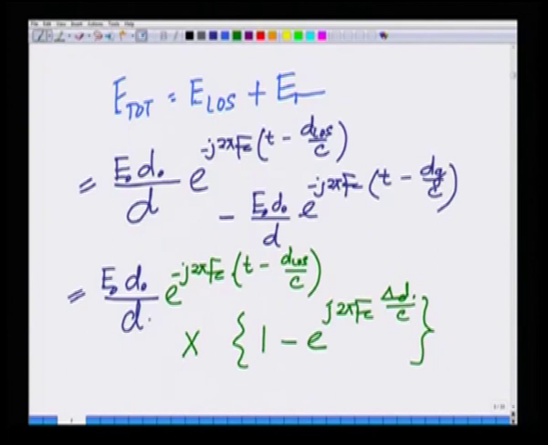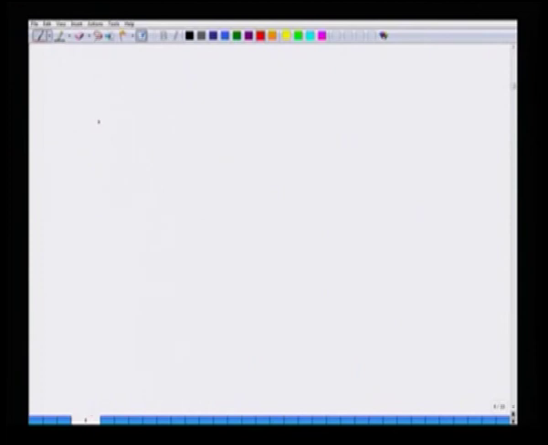We are isolating this term E naught D naught by D into this phase term times 1 minus e power j 2 pi f c delta d over C, where this delta d is an important factor. This delta d is essentially the path length difference, that is the difference between the length of propagation for the ground reflection minus the length of propagation for the line of sight path. And this I am going to simply write as follows.